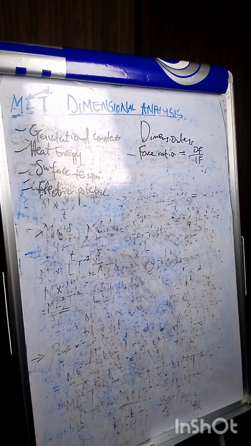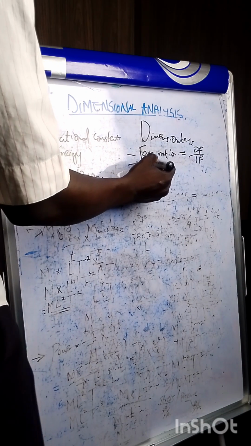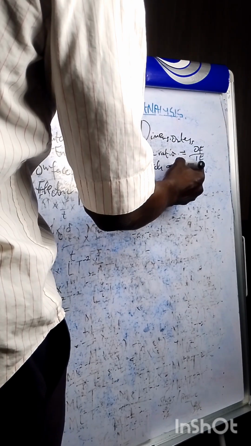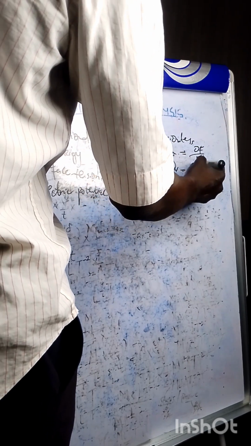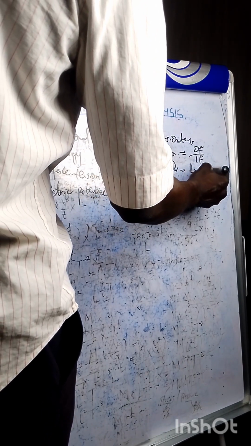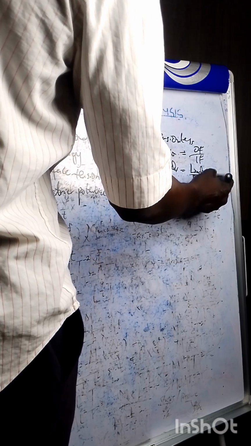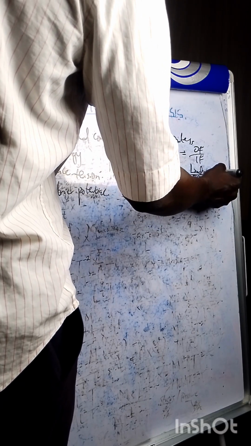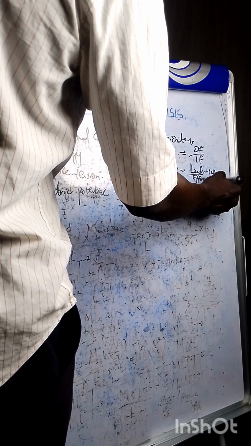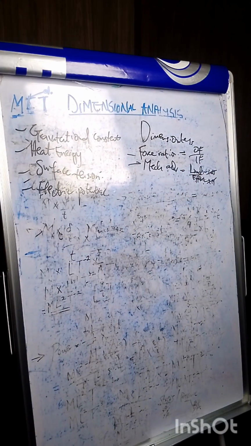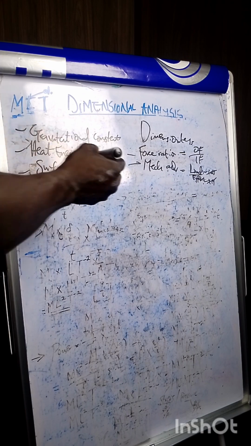We have our mechanical advantage, which is given as load over effort. Both are forces. So this one will be measured in Newton, this one will be measured in Newton also, in which the Newton will cancel Newton out. So they have no dimension. We have that of velocity ratio also.